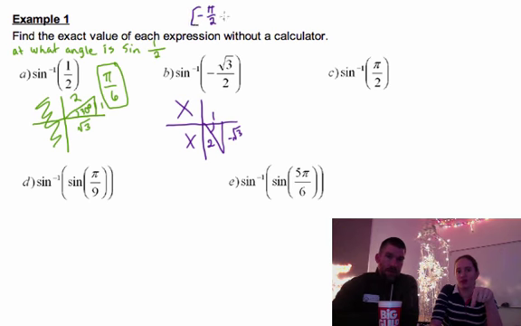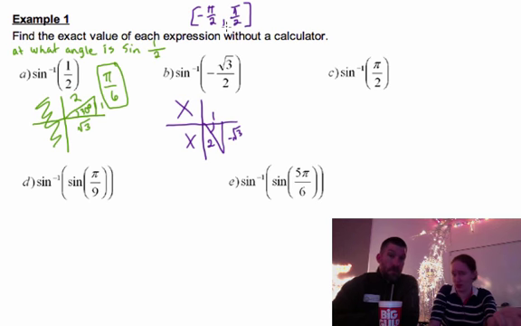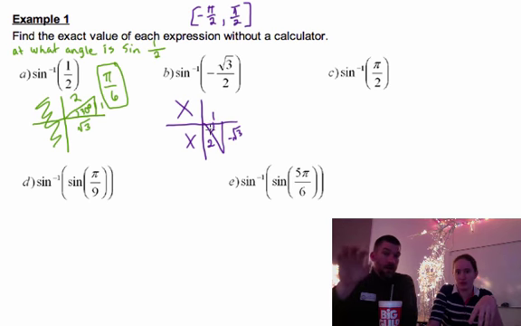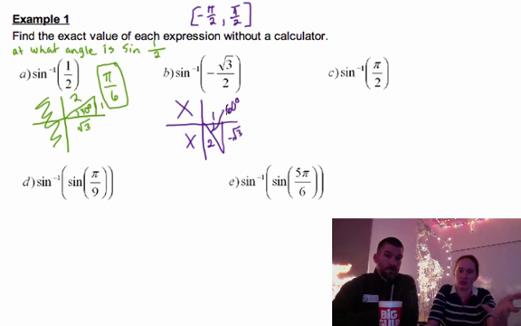We want values between negative pi over 2 and pi over 2. If you put 5 pi over 3, that's not in between those. 5 pi over 3 is totally correct, but totally not right for this particular problem. That's a 60-degree angle, so this is technically negative 60, which makes it negative pi over 3.